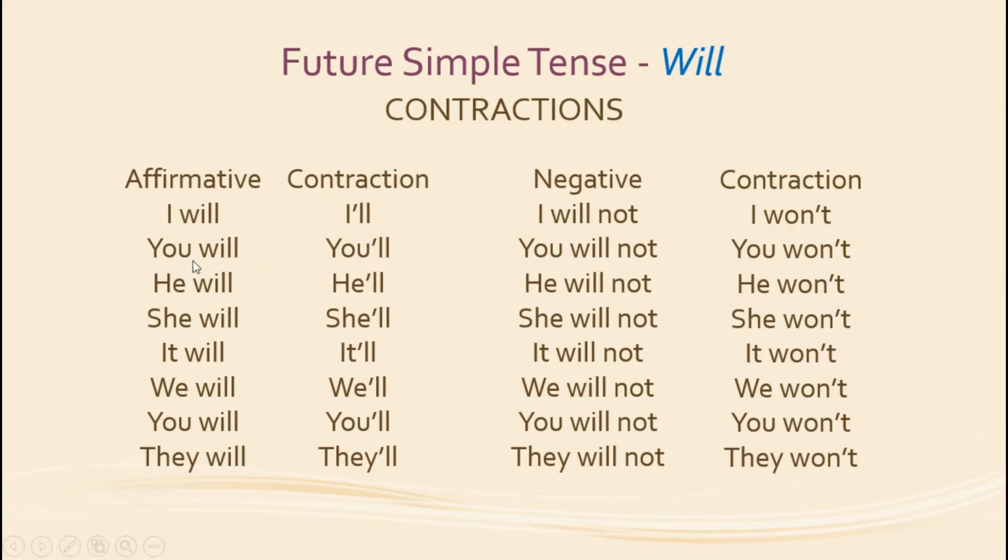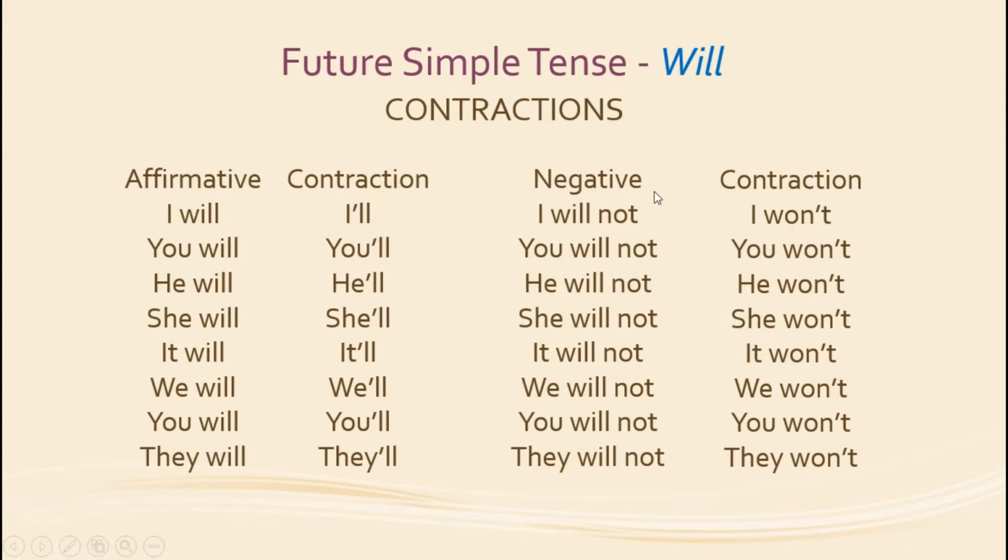You will, you'll. He will, he'll. She will, she'll. It will, it'll. We will, we'll. You will, you'll. And they will, they'll. This is for the affirmative forms of the sentences.